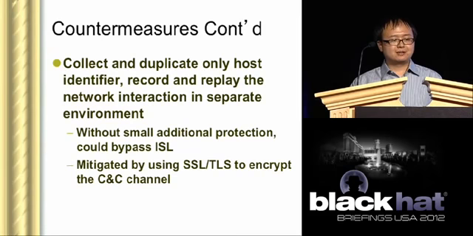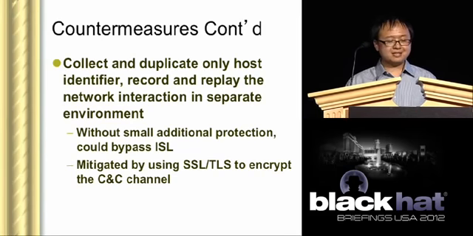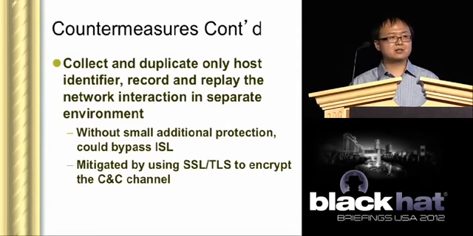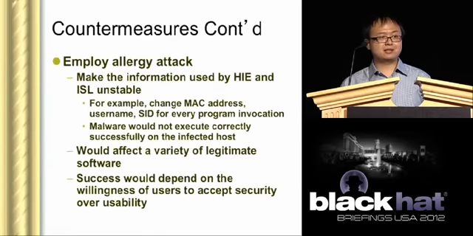So the malware won't get executed at all. But the problem is this information is also used by legitimate software. So if you provide unstable information, you may break their functionality. So the success of this protection mechanism really depends on whether the user is willing to trade usability over security.